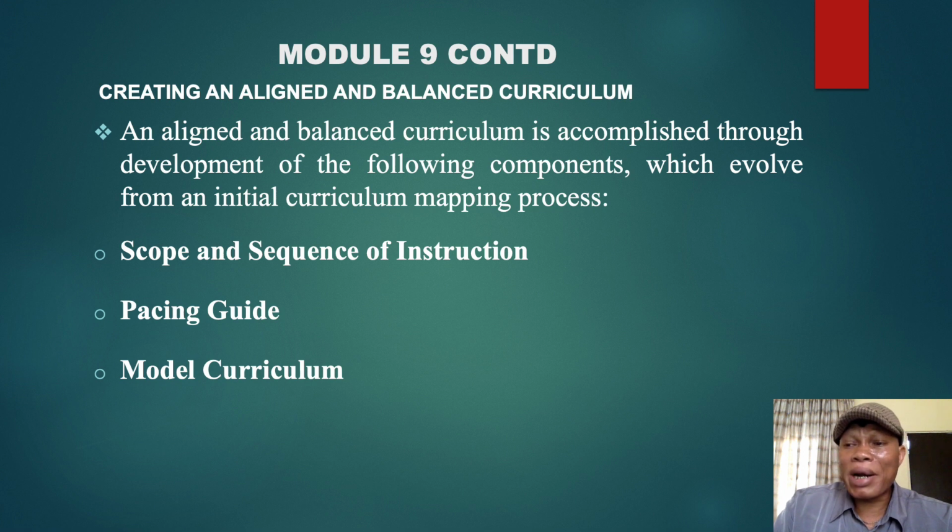Now, how do we create an aligned and balanced curriculum? Don't forget, in the previous slide, we talked about balanced curriculum. When you are talking about balanced curriculum, you are talking about the inclusion of other subject matters in the curriculum that have nothing to do with acquisition of knowledge in the classroom alone.